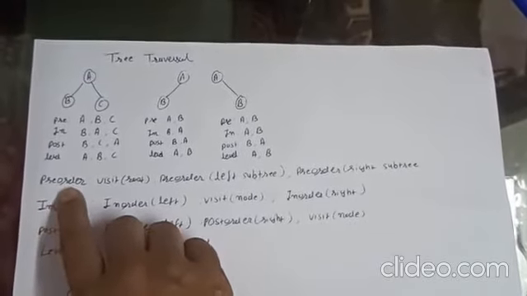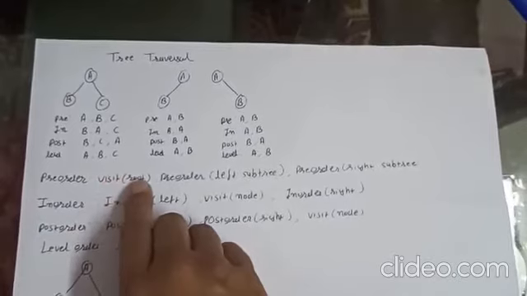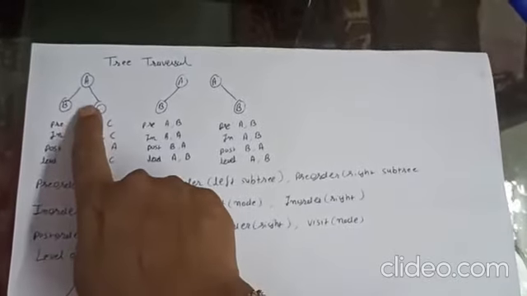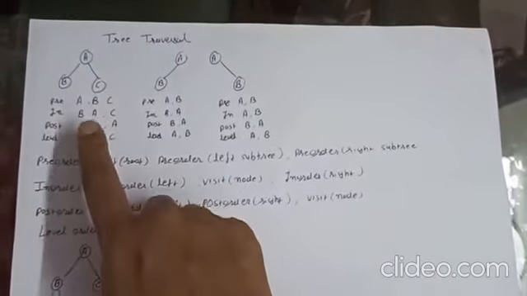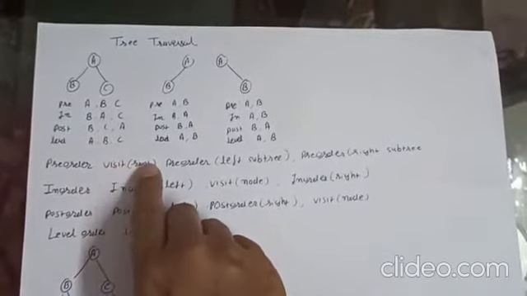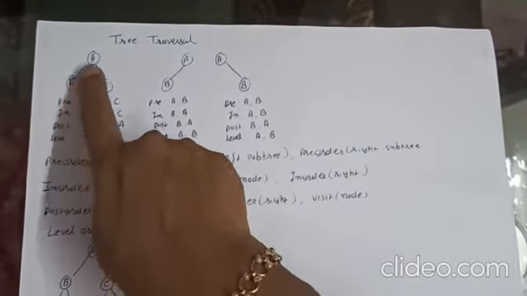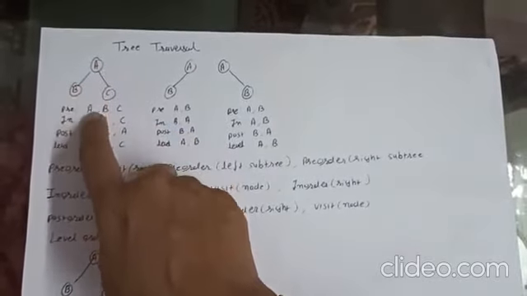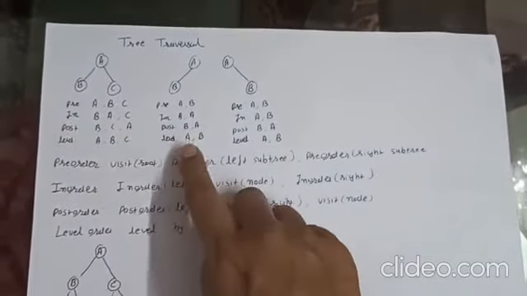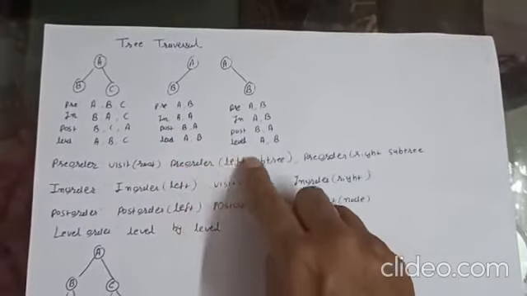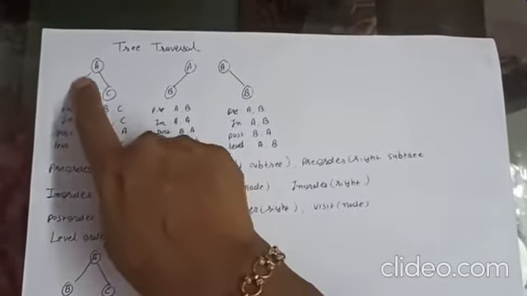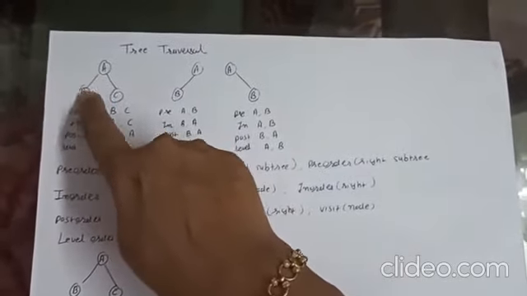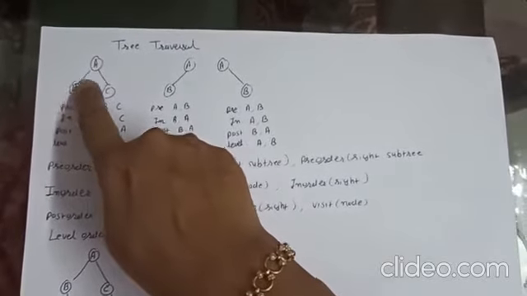So in pre-order, we will visit the root first. For example, let's take this tree. We will visit the root first. So in the pre-order of this tree, we will visit this root first. So A is the first node. Then we will perform pre-order on the left subtree. This B is the only node in the left subtree.